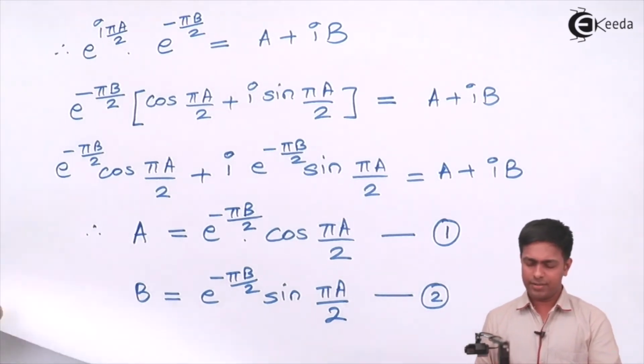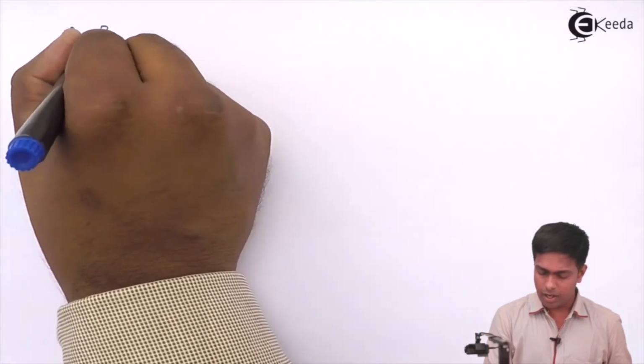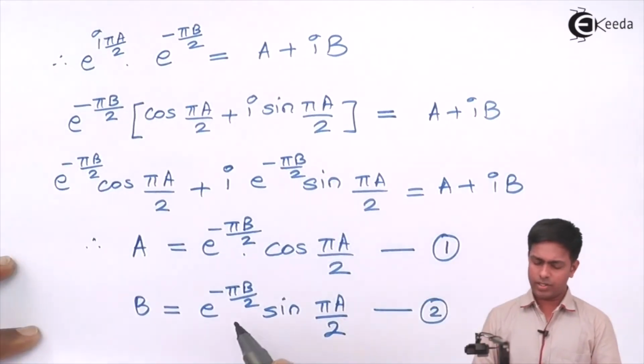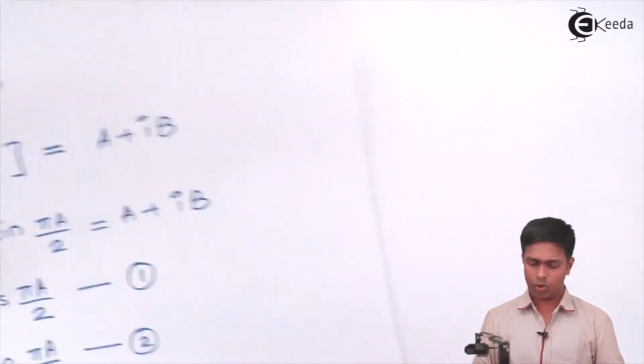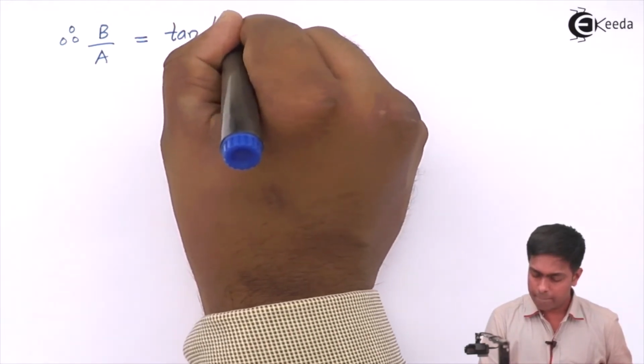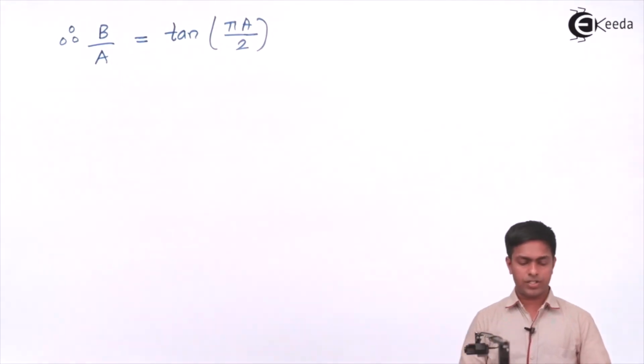So here we will get, therefore, b upon a is equal to, now if I divide these two equations, this term will be cancelled and sine by cos will be tan of pi a by 2. And here we got the first result.